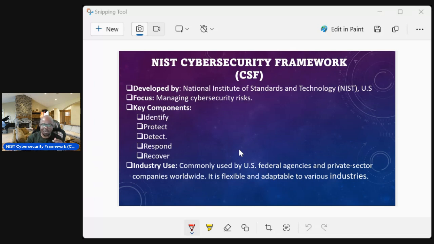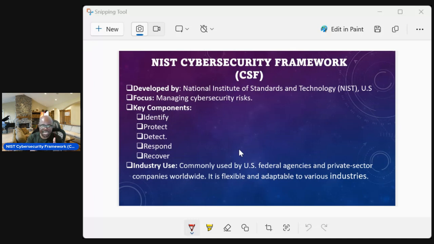Number 3 key activity that you perform under the protect component is data security: implement measures to protect data integrity, confidentiality, and availability. Another key activity that you will find under the protect component is information protection processes and procedures.